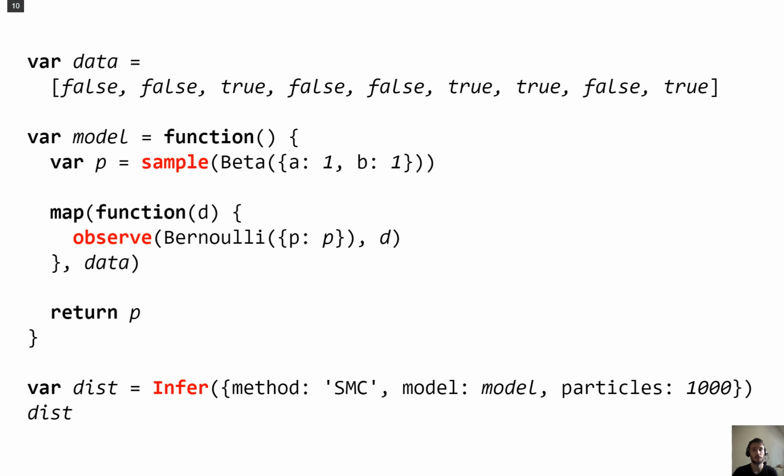Sample to generate samples from a prior distribution, observe to reweigh or condition the likelihood of the computation on observed data, and infer a higher order function to utilize a number of statistical sampling procedures, here sequential Monte Carlo, to compute the posterior distribution of the hidden parameters under the model conditioned on our data.